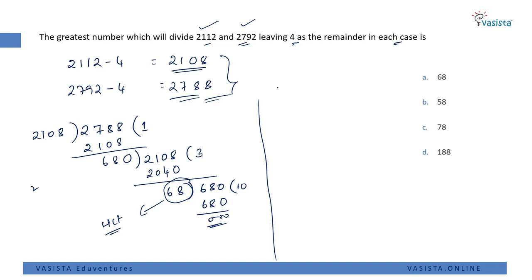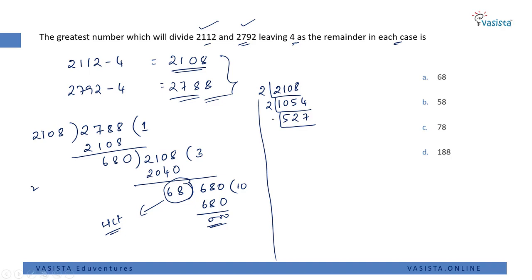If you find it difficult, go with the prime factorization. Let us go with that. That is going to be 2108. Start finding it: 2 times 1054, again 2 times 527. Then can we go with 3? Let us check 3. It is not possible.